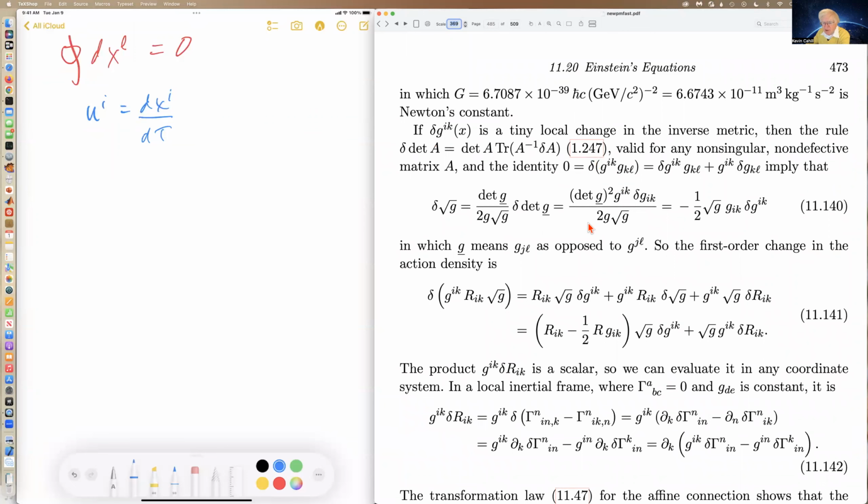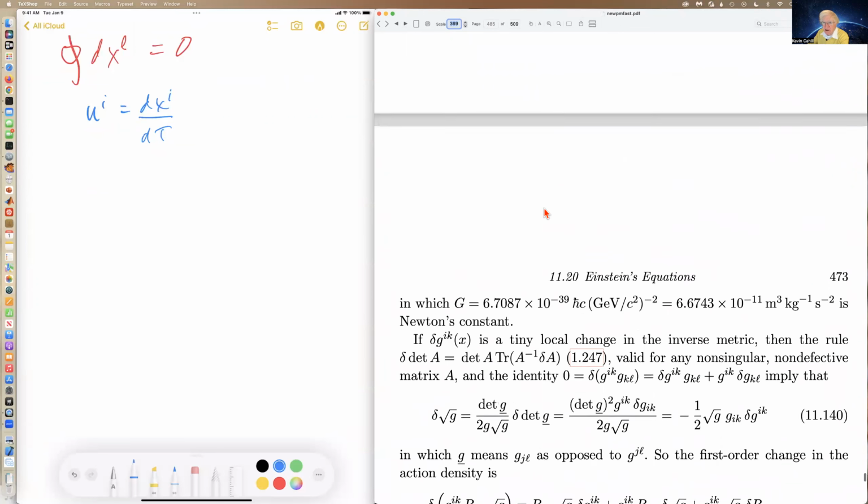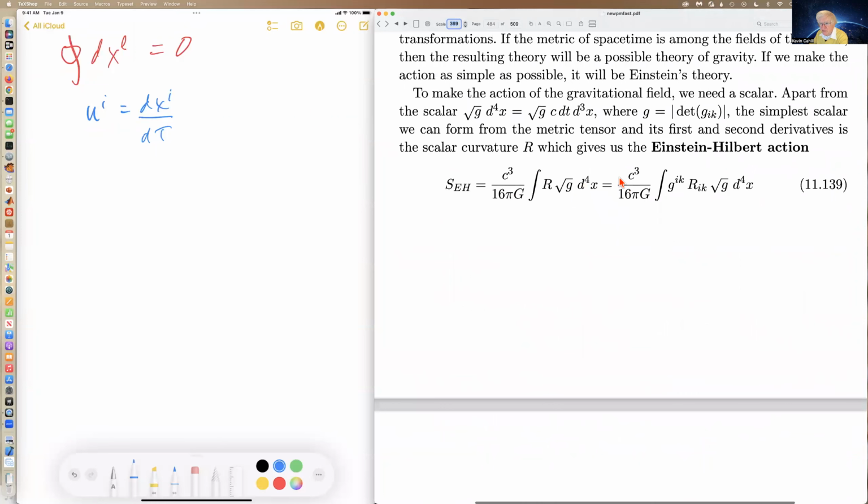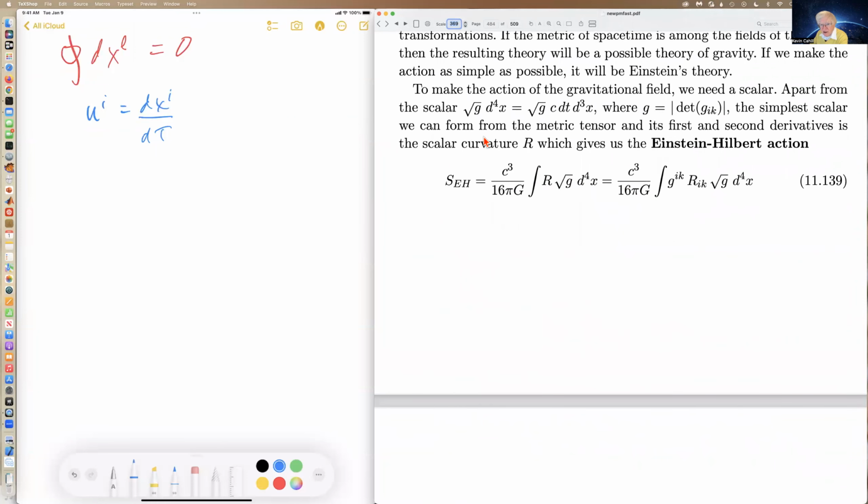There are a couple of technical things in applying the principle of least action to this.